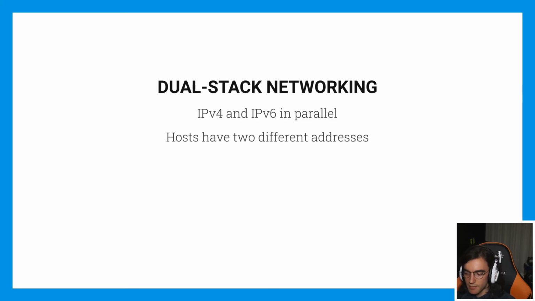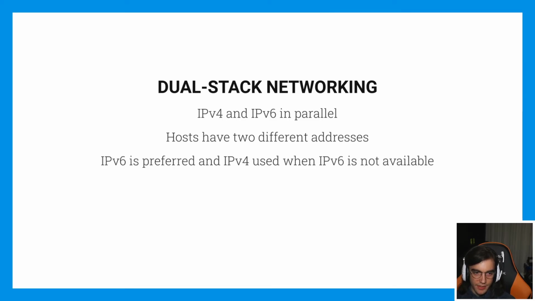So in this scheme, every host in your network is going to get at least two different IP addresses, one of them being IPv4 and the other one being IPv6. IPv6 is preferred by every operating system, and IPv4 is used as a fallback.